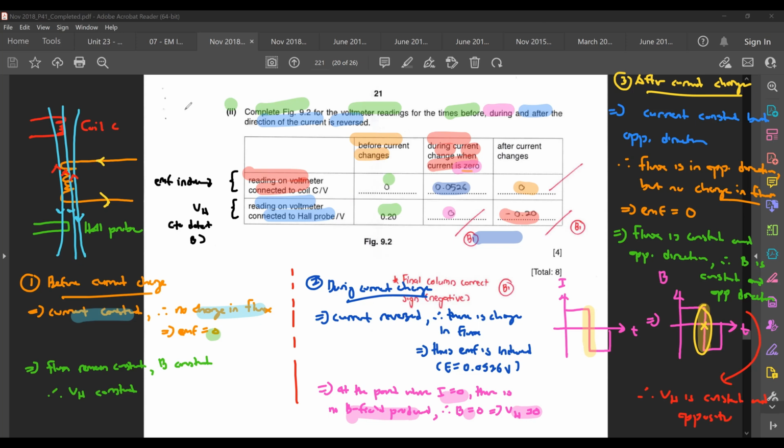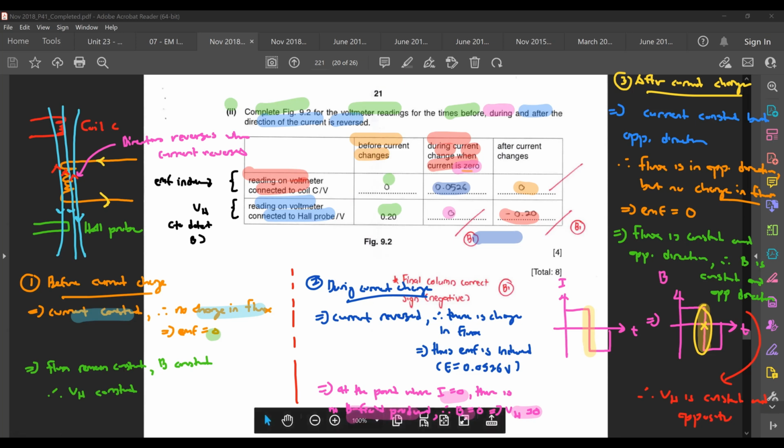So this one here, I'll just write it as: B direction reverses when current reverses. You can relate this to what you have over here for the third point. Right, so that should be it for this question.